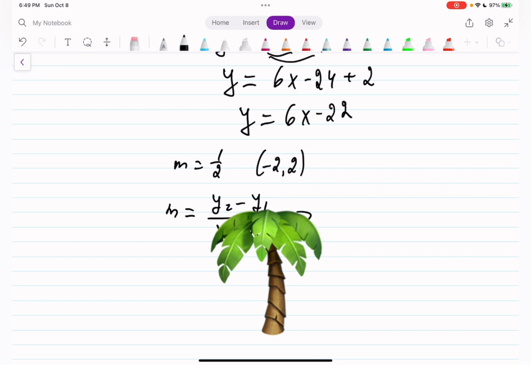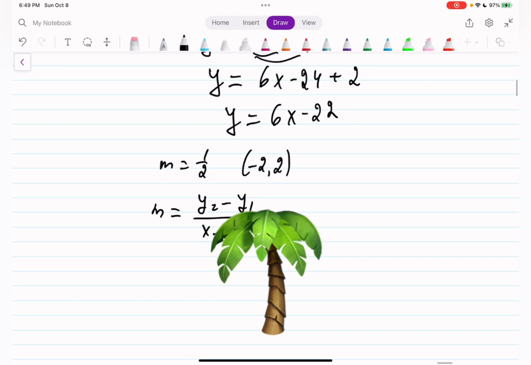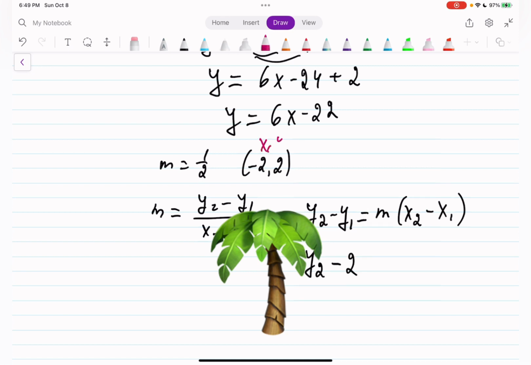And from here, y2 minus y1 is equal m times x2 minus x1. Okay, let's plug. y2 minus my y1 is positive 2, right? This is x1, y1, okay? And this is equal, m is 1/2, x2 minus x1 is negative 2. There we go.